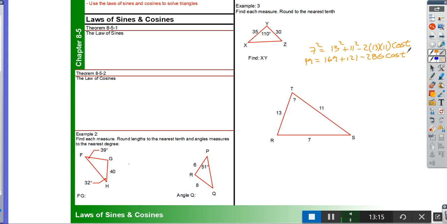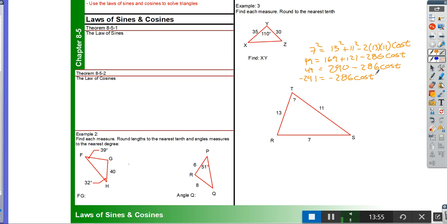So let's add those two things together. 169, I'm sorry, plus 121 is 290 minus 286 times the cosine of t is equal to 49. So I'll subtract 290 from both sides, and so I'll get negative 241 is equal to negative 286 times the cosine of t.